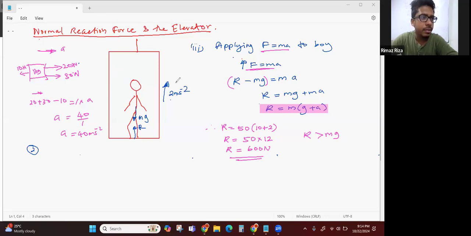Likewise, we apply it for the boy. The forces acting on the boy are R and mg. Applying vertically upward, in the upward direction we have R, but mg is downward, so this will be the resultant force. This resultant force equals mass times acceleration. Is that clear now?